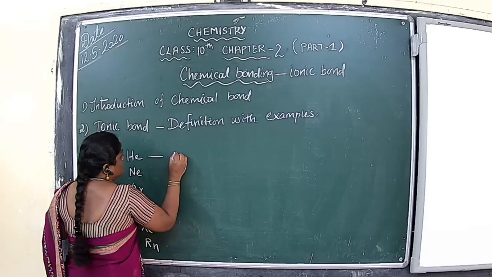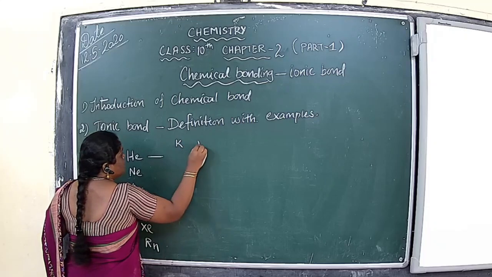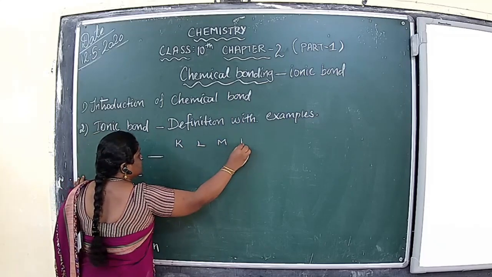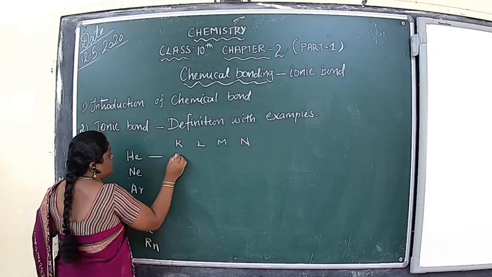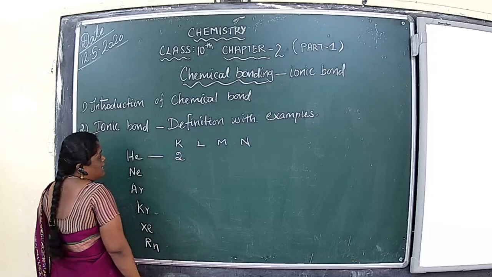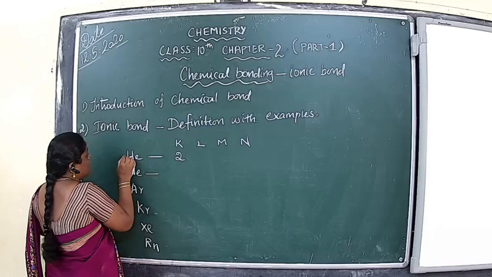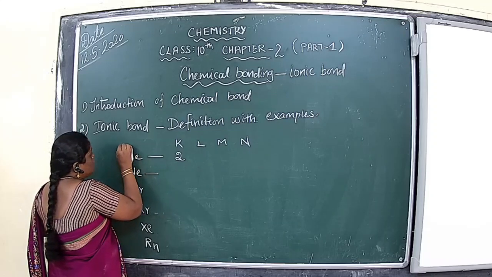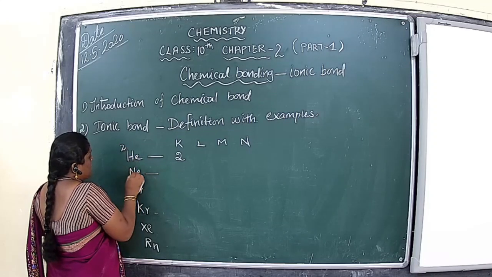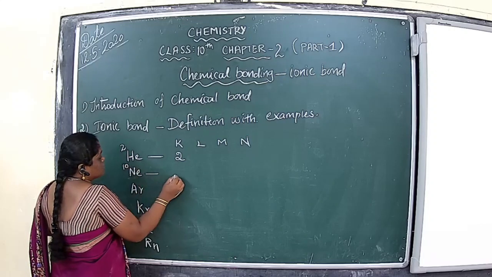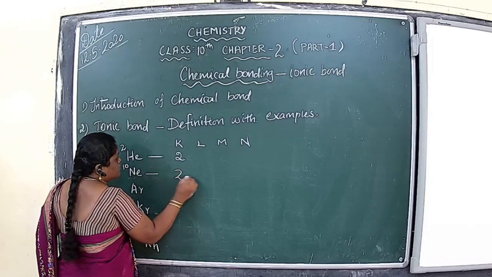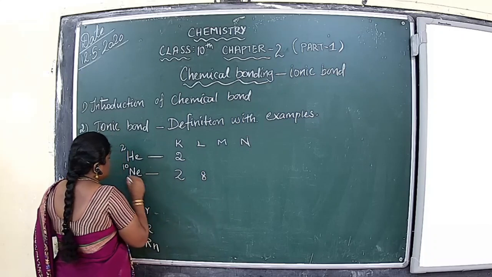So in the K, L, M, N shells, helium has 2 electrons. Neon's atomic number is 10, so the electronic configuration is 2, 8.